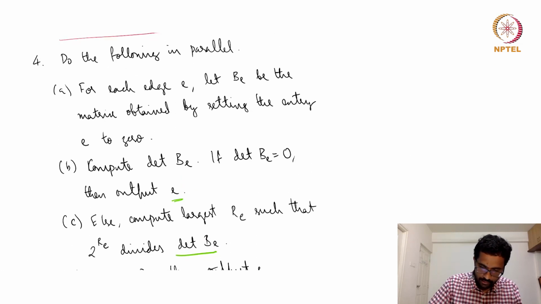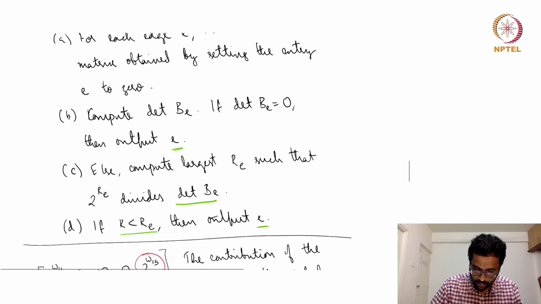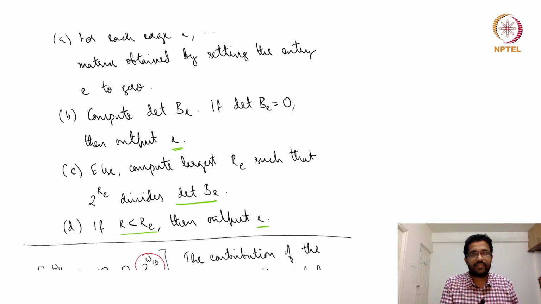Notice that from step 4, I am just focusing on one specific edge, and this will be done in parallel by independent processors for each edge. And the claim is that the processor at the corresponding edge will correctly output e if and only if e is part of the perfect matching.